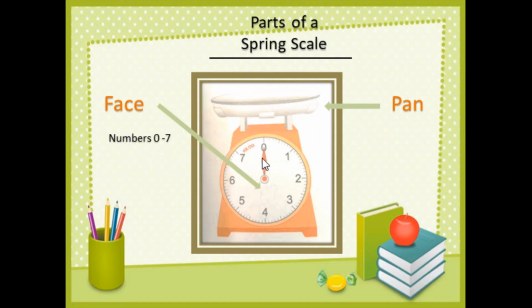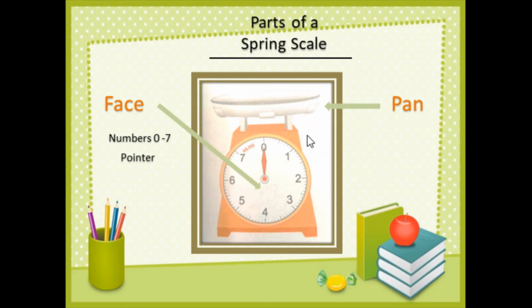So the circle over here is the face, and the numbers are 0 to 7. And you also can see pointer inside the face. So as you can see, this red arrow, this is the pointer. One division means kilogram, and the smaller divisions mean gram.